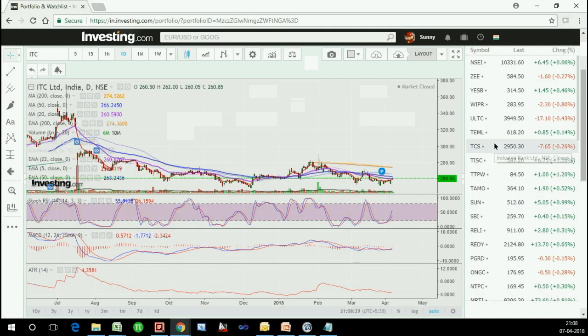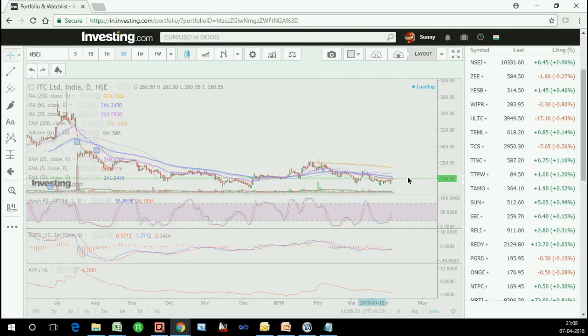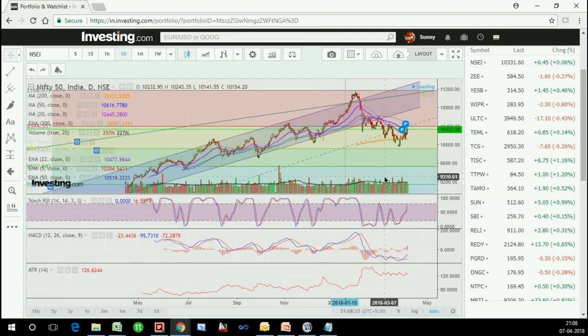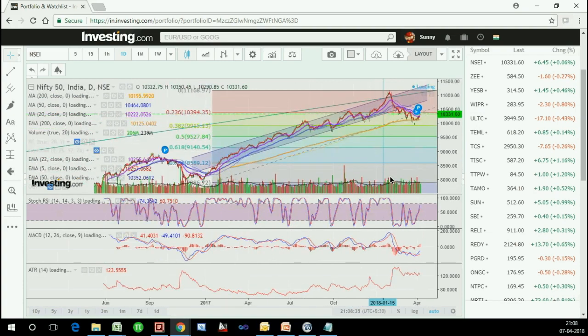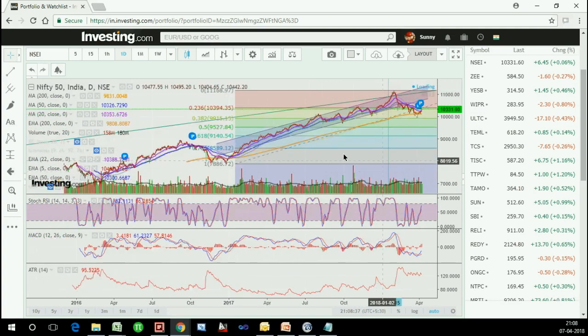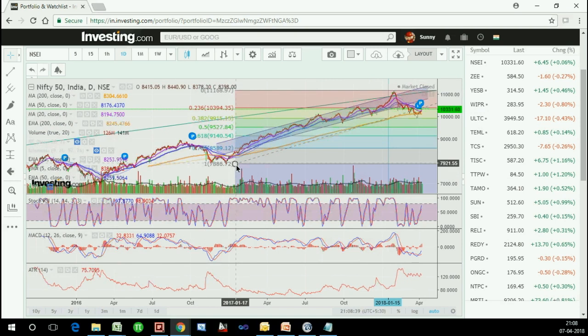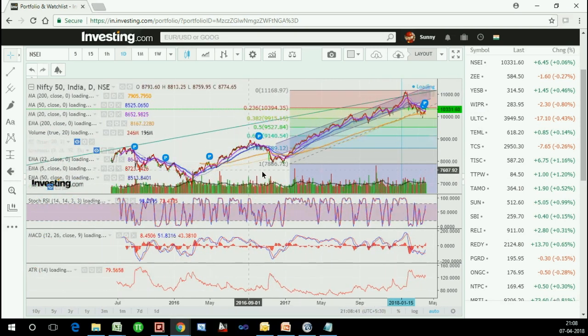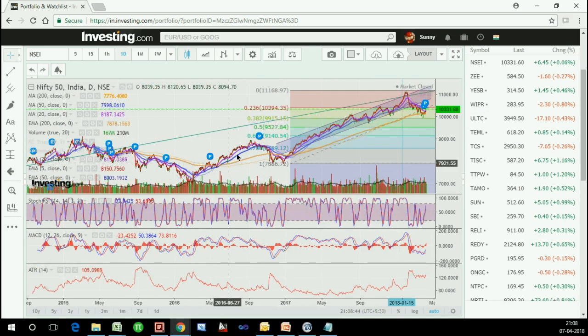I have already covered all this in detail, but just for a small summary, if I look at this price movement, here is Nifty 50, right? From this point to this point, the price was in an uptrend. From this point onwards, there was a minor downtrend. Then again, it resumed its uptrend.